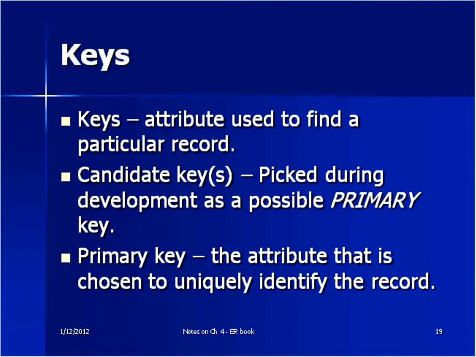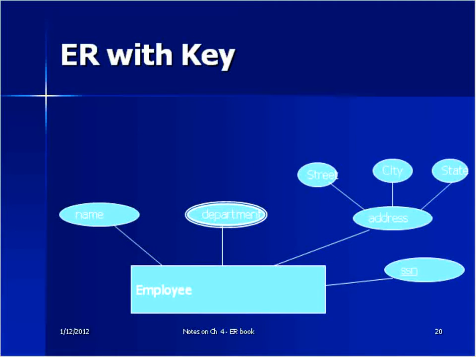Now for the keys. A key is an attribute used to find a particular record, or it is used to uniquely identify a particular record. So how do we show a key? If you look at slide 20, you will see that we have the FFN underlined.